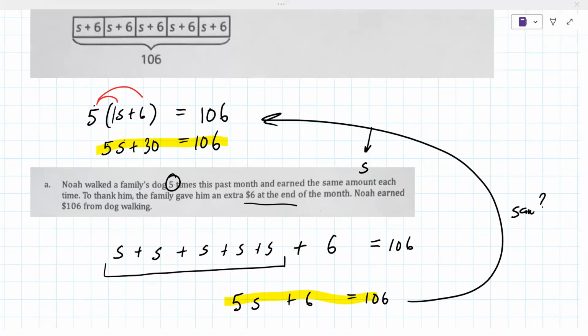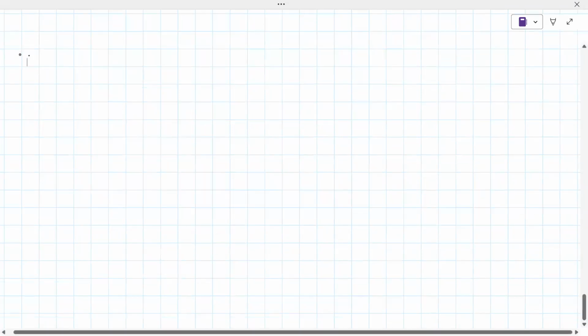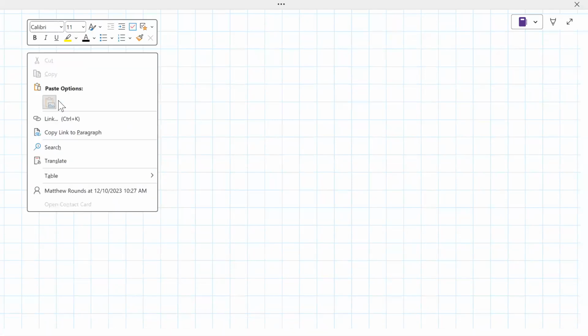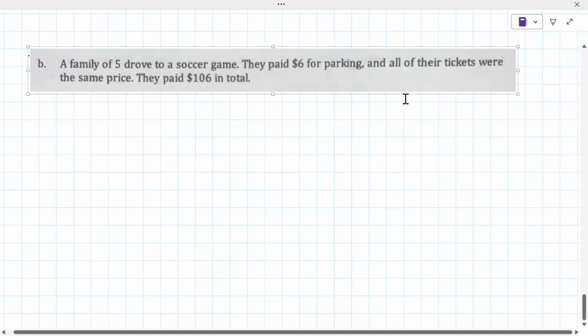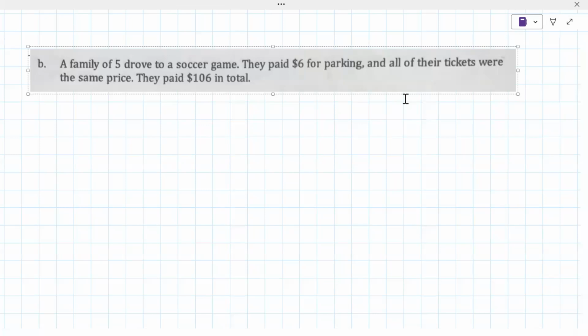Okay. Let's look at situation B. All right. A family of 5 drove to a soccer game. They paid $6 for parking, and all of their tickets were the same price.